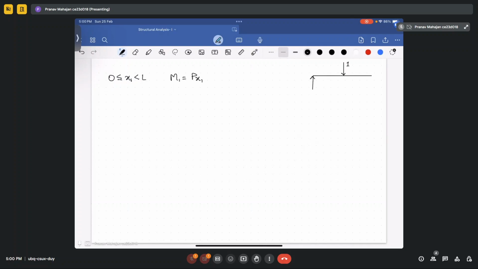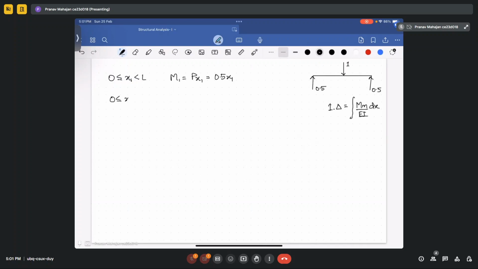What will be the reaction at the endpoints? It will be 0.5, 0.5. So this is what we are using, the Castigliano theorem. If you have a unit load, the deflection will be written as the integral of m m upon EI into dx. Okay. So now the same concept we are using here. So it will be 0.5 upon EI.